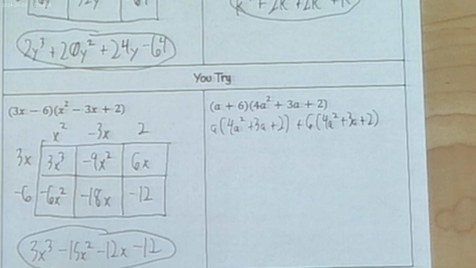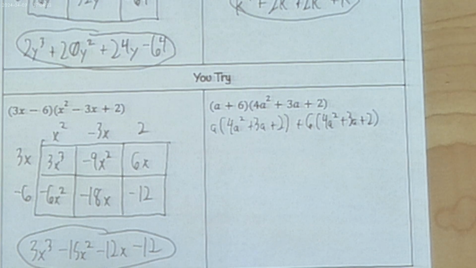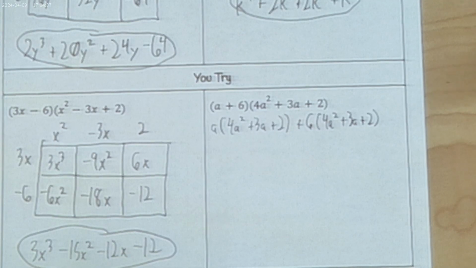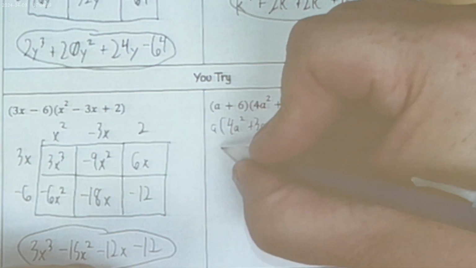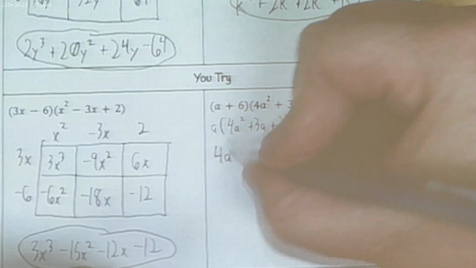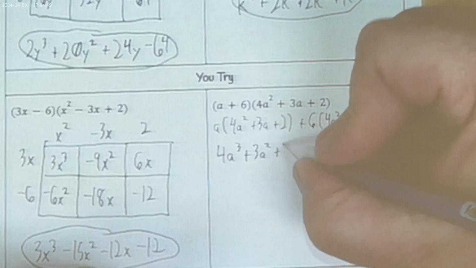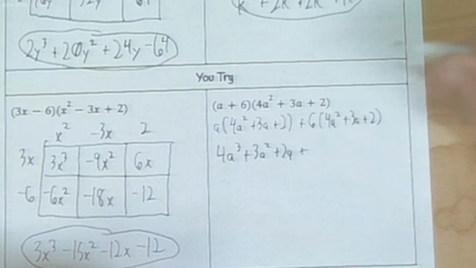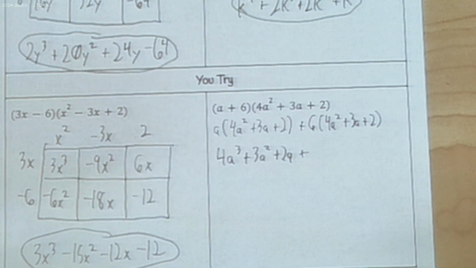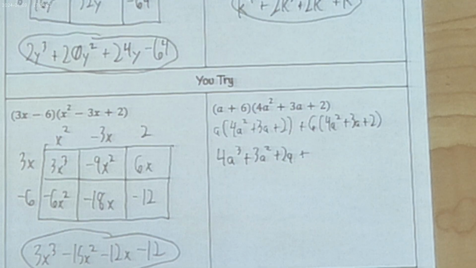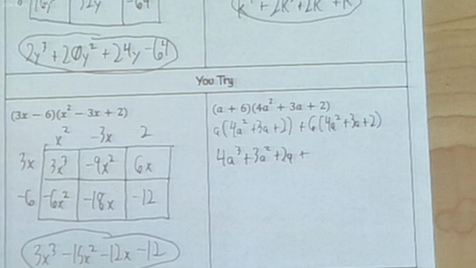Just like above, I'm going to invoke my trivial solution with this first part, because all I'm doing is increasing the degree of a by 1. So without doing any math, I'm just going to copy this down and move on. 3a squared plus 2a. Now I am going to do math for this next part, because it's not a trivial solution. There are actual numbers that I have to keep track of.